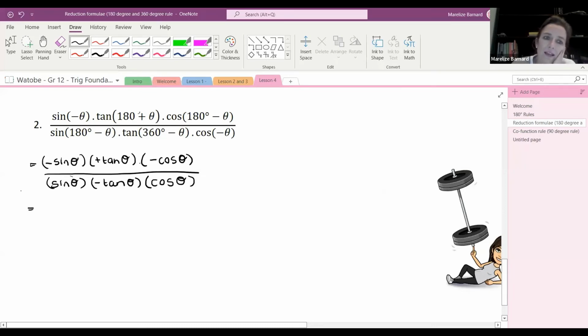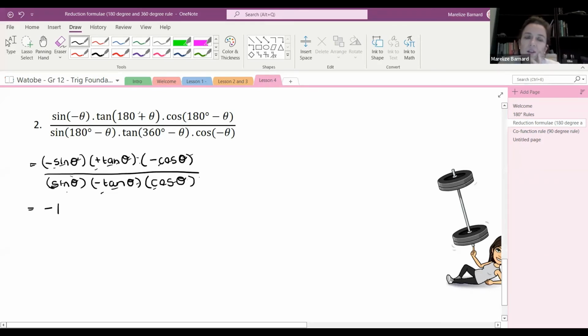Okay, now we can cancel out. We can take the sine theta with the negative sine theta, tan theta with negative tan theta, cos theta with negative cos theta. A negative times a negative at the top will give me a positive, but there's a negative at the bottom, so our final answer is going to be -1.